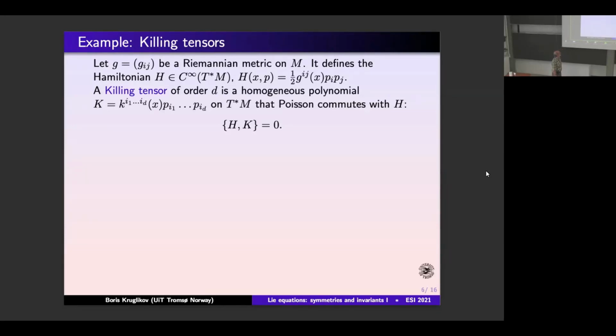Now K is a polynomial of degree d, and if you look at the Poisson bracket of two polynomials of degree 2 and d in momenta, we get a polynomial of degree d plus 1 in momenta. So this equation has more components than K has, therefore it is overdetermined.